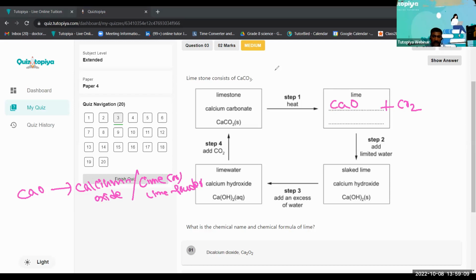But calcium hydroxide, Ca(OH)2, is commonly called lime water. So please be careful. Lime powder is different. Lime water is different. Lime powder is calcium oxide, which I get when I heat limestone. And lime water, when I mix that calcium oxide in water, I get calcium hydroxide.